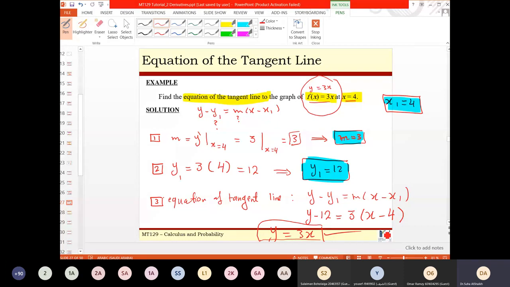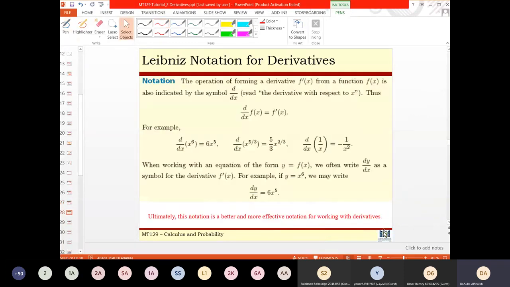Got it? Now we have what we call the Leibniz notation for the derivative, which uses d by dx. Instead of using this dash, we use d by dx. What does it mean? It means I'm finding the derivative with respect to x. So instead, I have y equal to f of x.